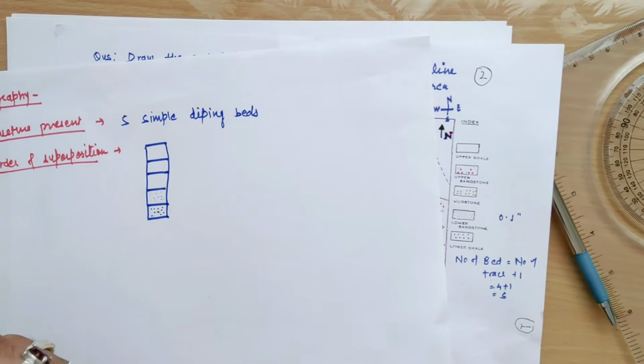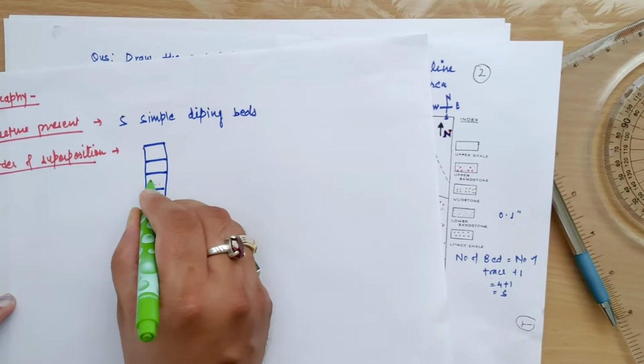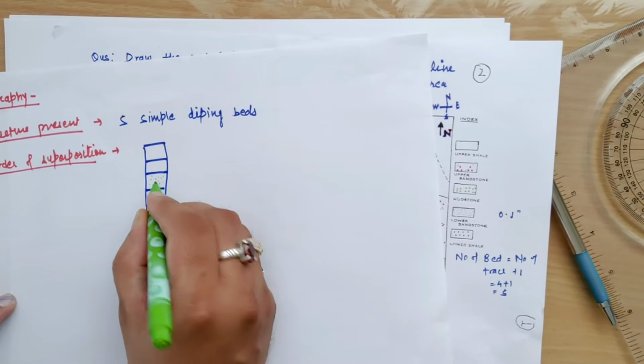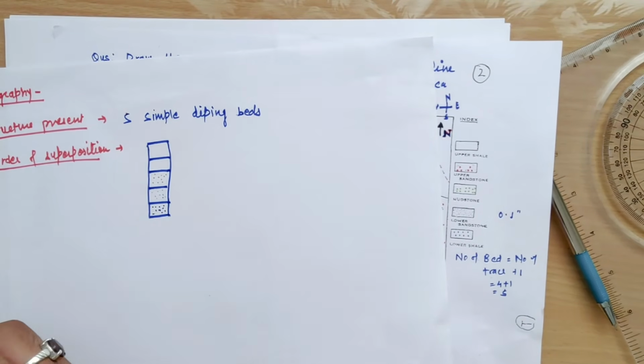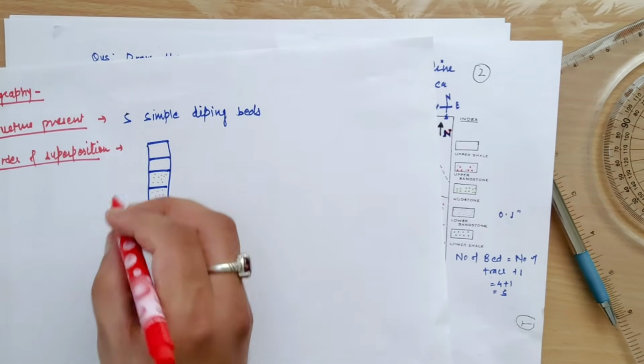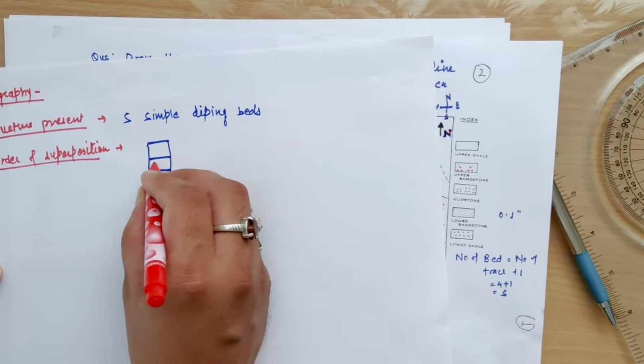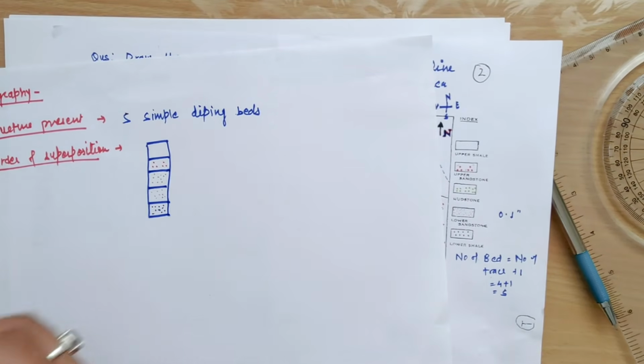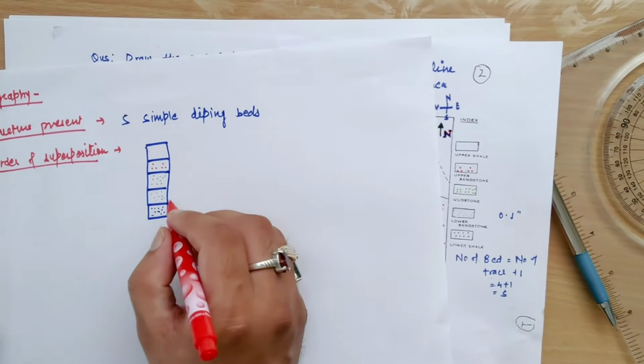Then we have mudstone, that is represented by green dots. This is mudstone. And then we have the upper sandstone, and we have upper shale. So this is the order of superposition.